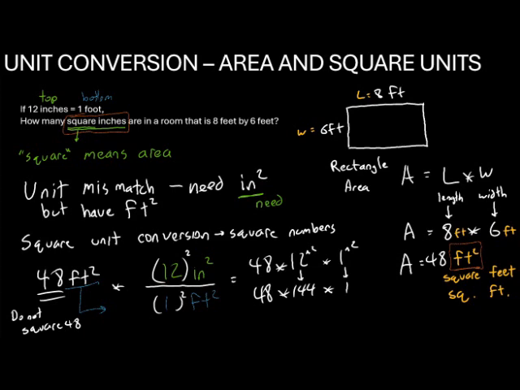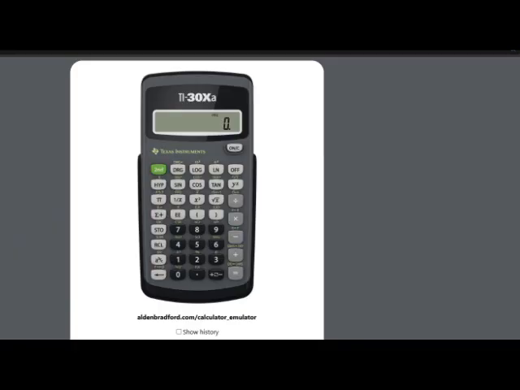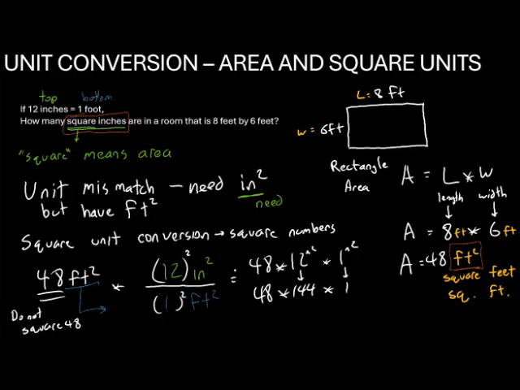Multiplying by 1 will not change our answer, so we don't have to enter that last times 1 if we don't feel like it. But let's go to the calculator one more time and enter 48 times 144. We enter the 48 and press multiply and enter 144. When we press enter, we get 6,912.